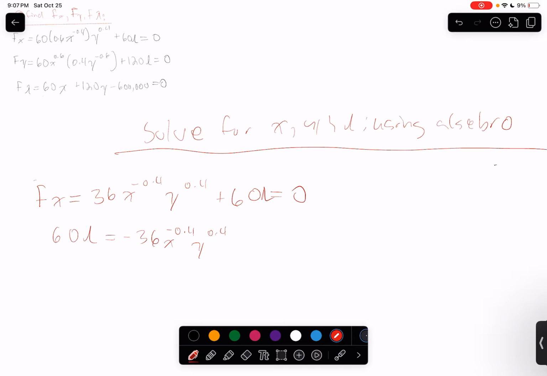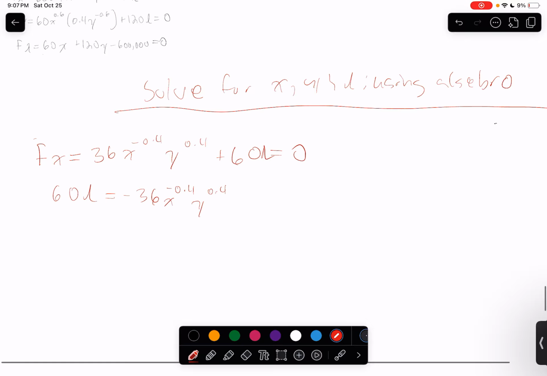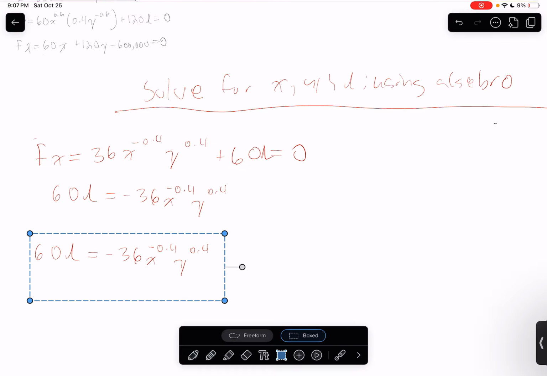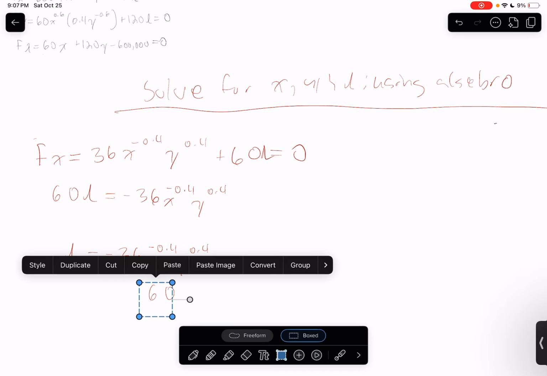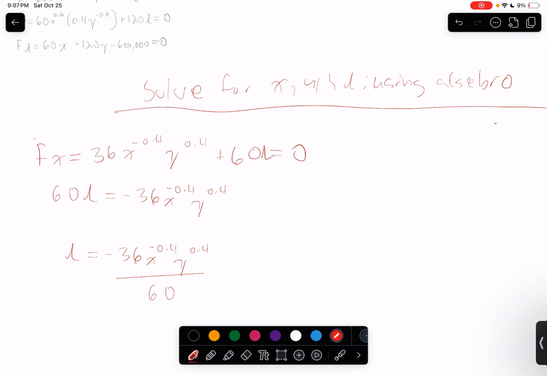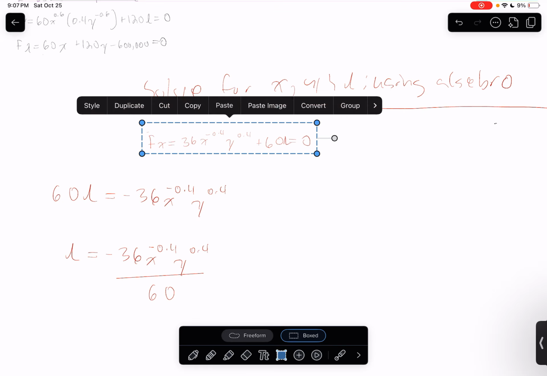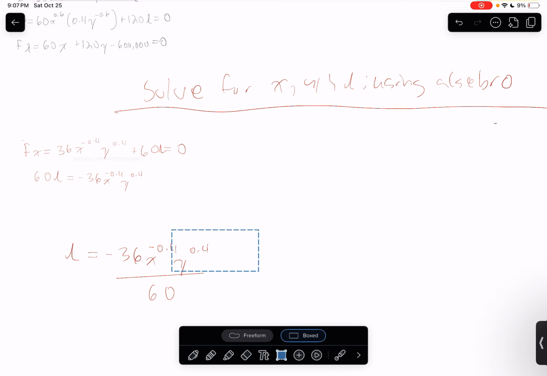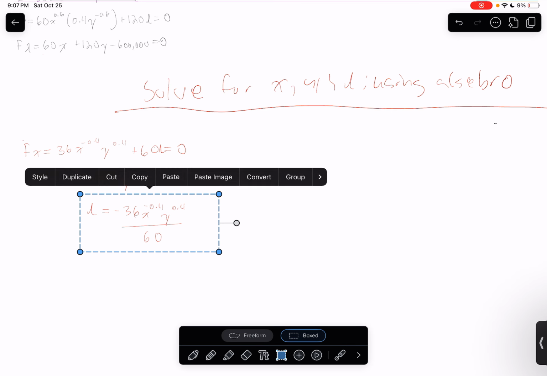Okay, then we're going to divide by 60 to get lambda by itself. So let me duplicate that, bring the 60 down, and we have our lambda here. Okay, we're going to do the same thing for y as well. Let me bring everything in a compact way so it can be nice and neat for you guys to visualize.